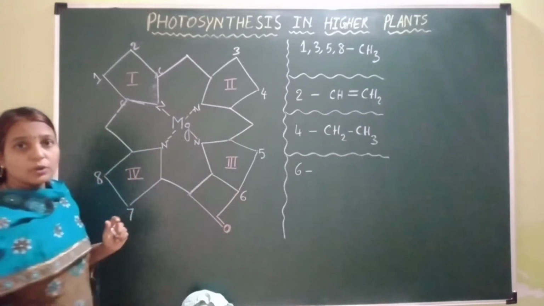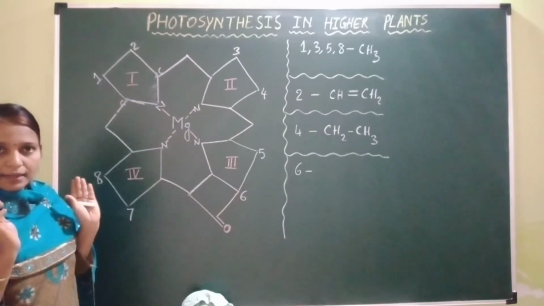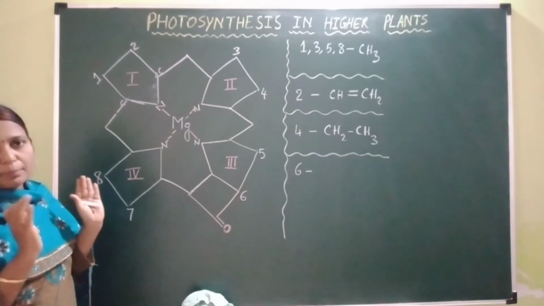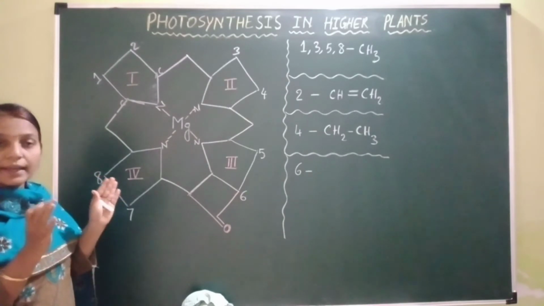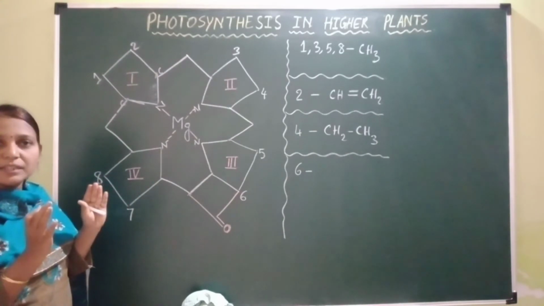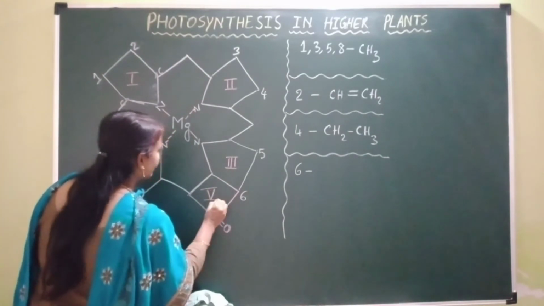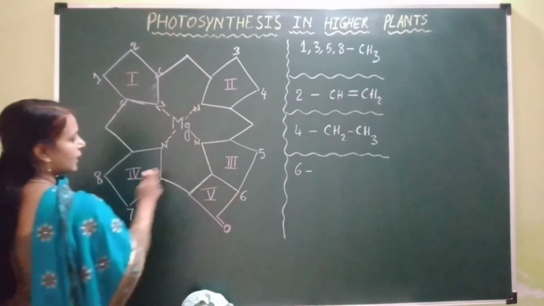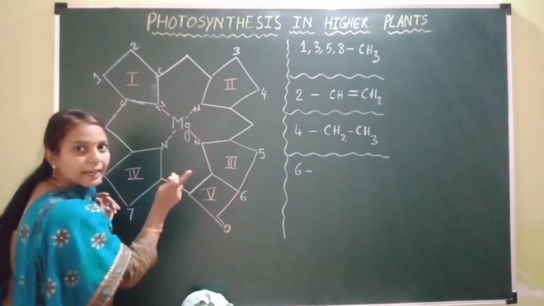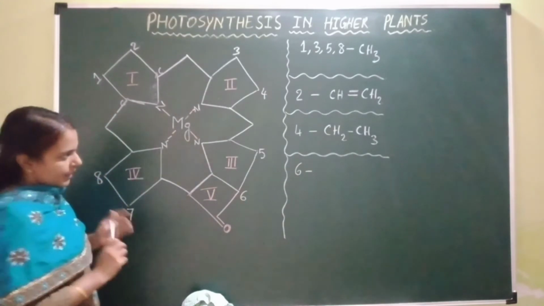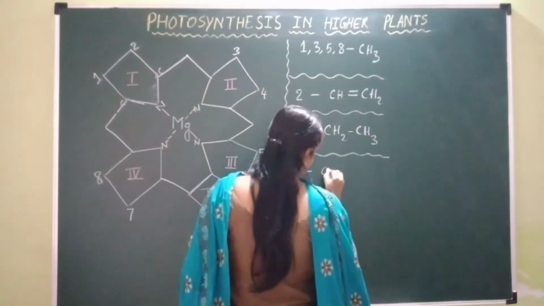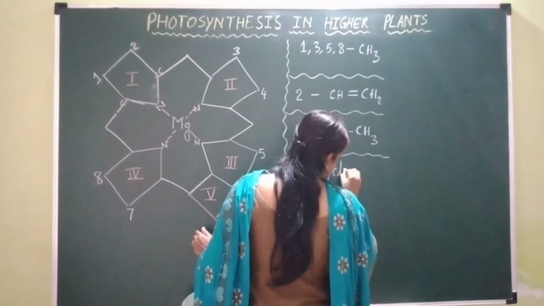So if a question is like the porphyrin head of chlorophyll A is made up of how many rings, totally 5 rings. Among these 5 rings, 4 are pyrrole rings and 5th ring is cyclopentanone ring. So cyclopentanone ring is formed at the 6th position.